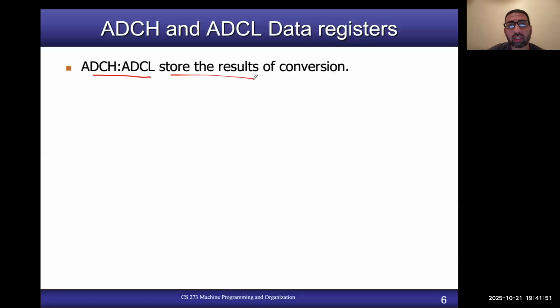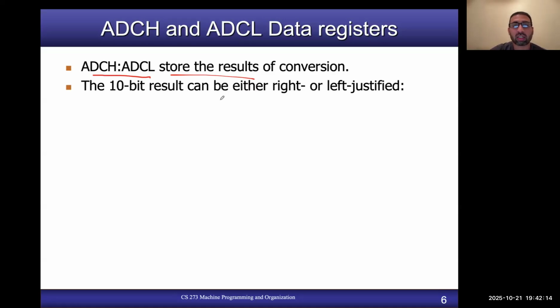Remember that the ADC generates a 10-bit result, and each register in our microcontroller is 8-bit. So that's why we use two different registers to hold the 10-bit result. ADCL holds the lower 8 bits and ADCH holds the upper 2 bits only, because the result is 10-bit wide.